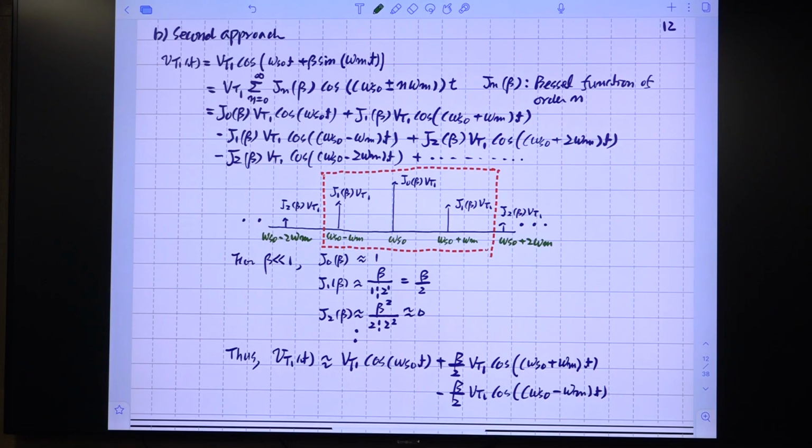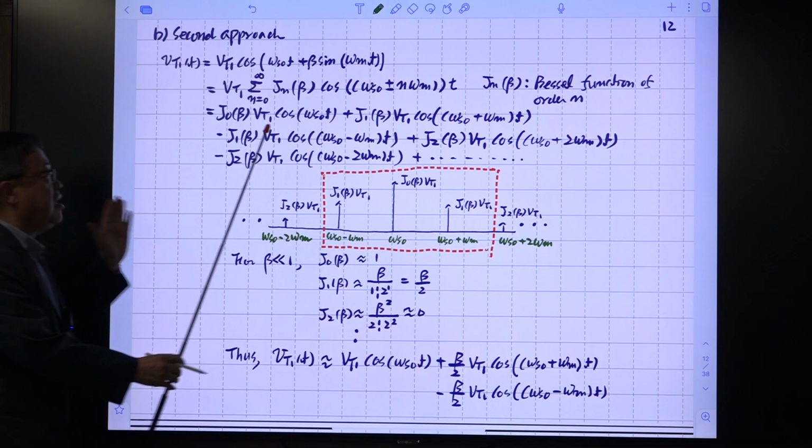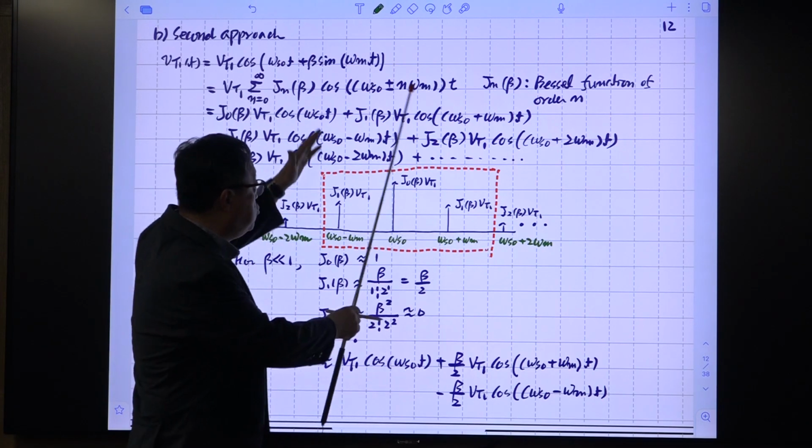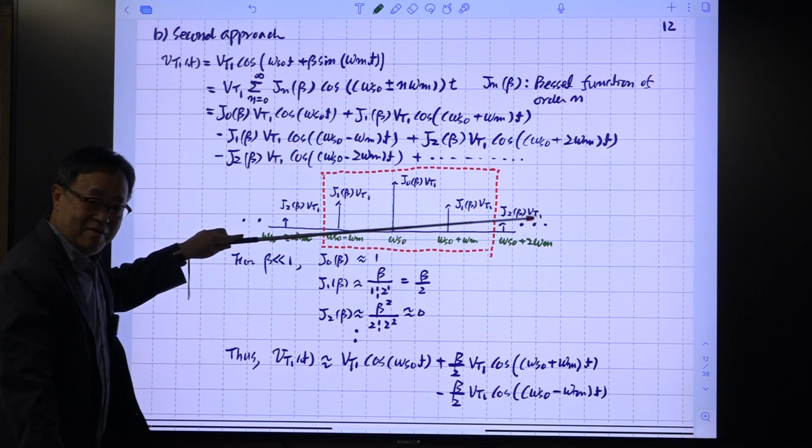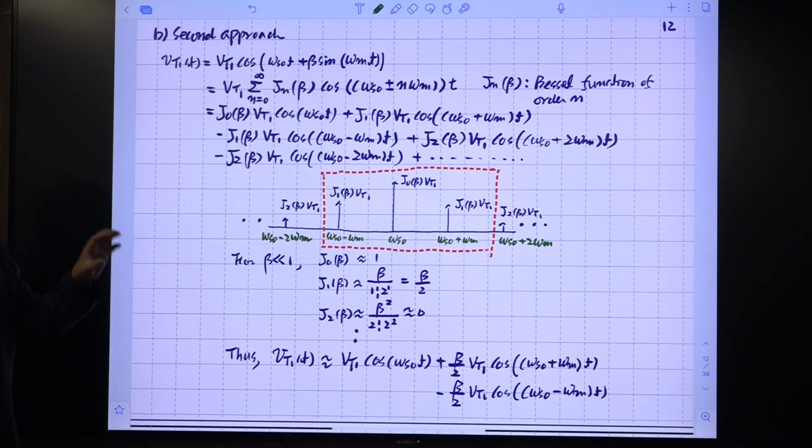Okay? Maybe you need to consider another sideband here. Then you should use this one. Okay? But usually this is more trouble than enough. You don't want to go any further. Okay? So this is the result. Right?